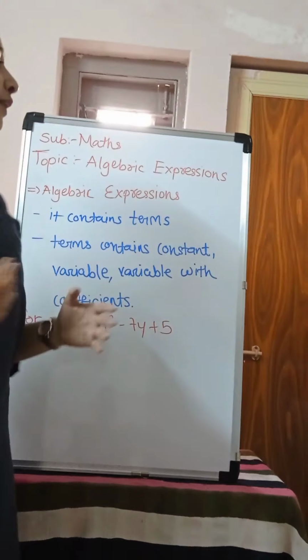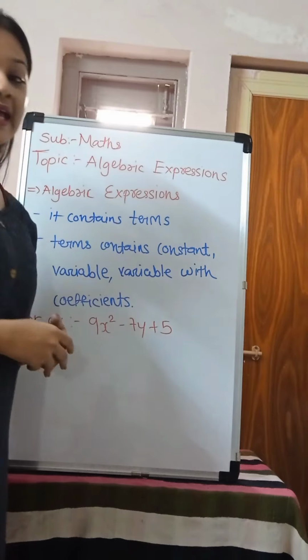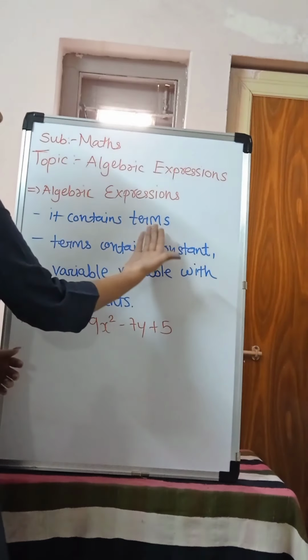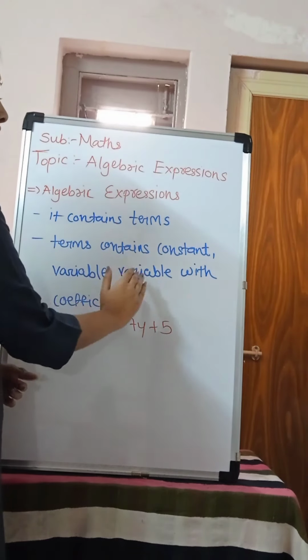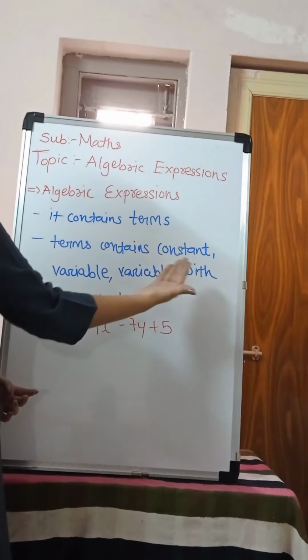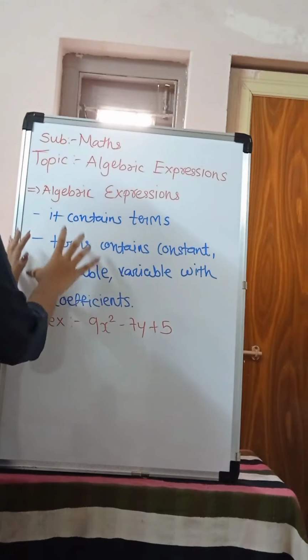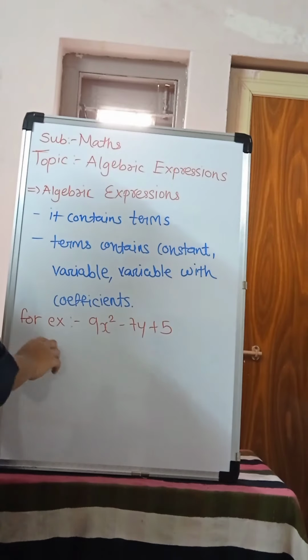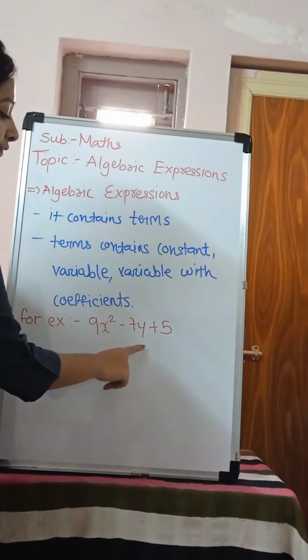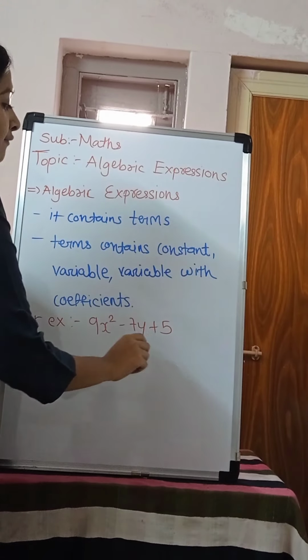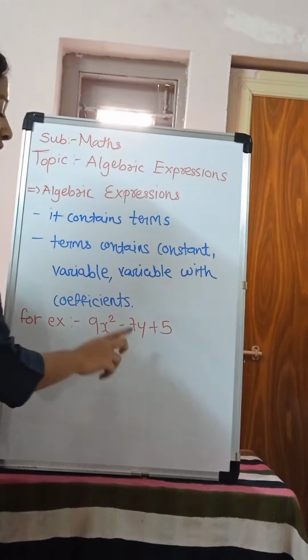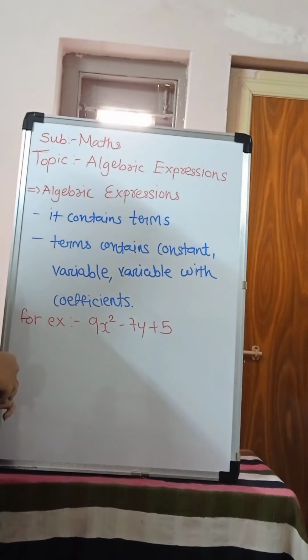Okay, so now coming to our topic, that is algebraic expressions. It contains terms. Terms contain constants, variables, variables with coefficients. So first we need to know what terms are, right? I want to give you an example: 9x square minus 7y plus 5. You already know that this is an expression as it does not contain an equality sign.